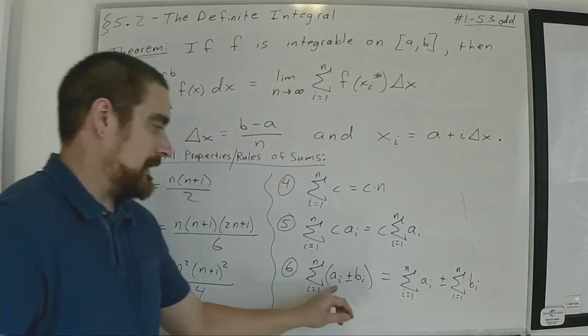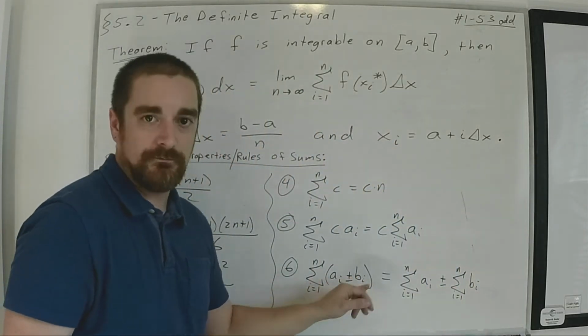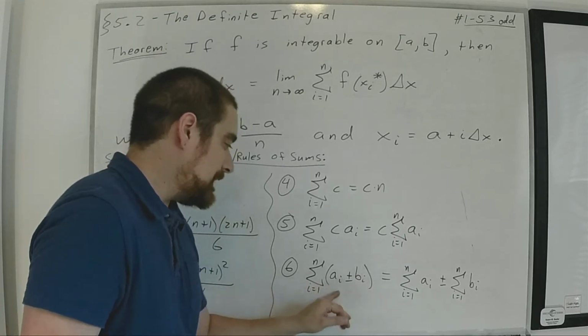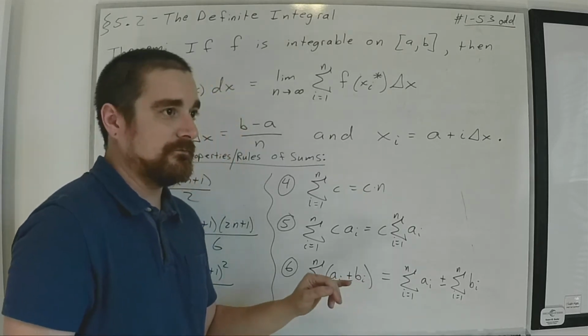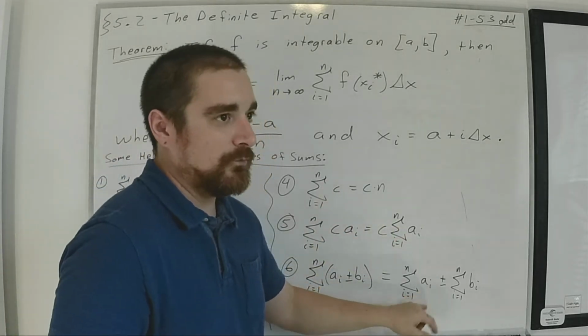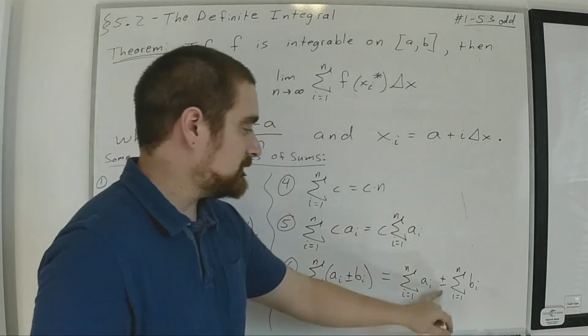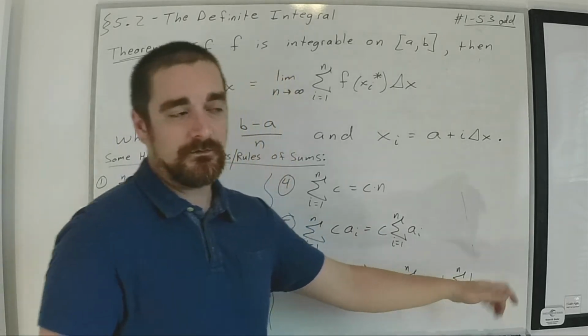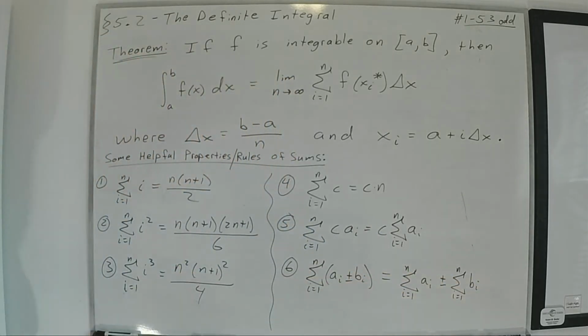Rather than doing a1 plus b1, a2 plus b2, a3 plus b3, a4 plus b4, I'm adding anyway, so I might as well just do a1, a2, a3, a4, a5, a6, a7, and when I'm done adding those, add b1, b2, b3, b4, b5, b6, b7, right? So you can still add them up.